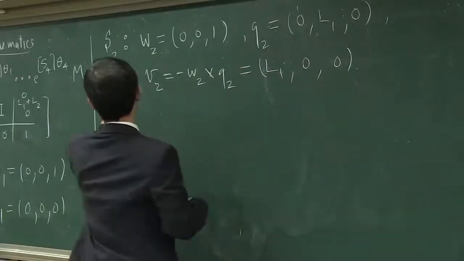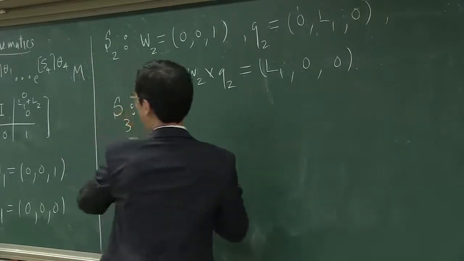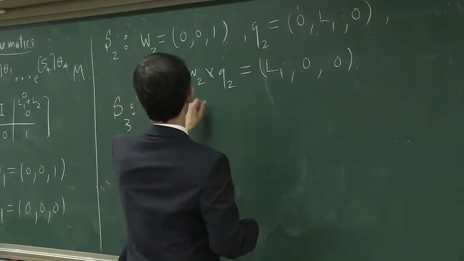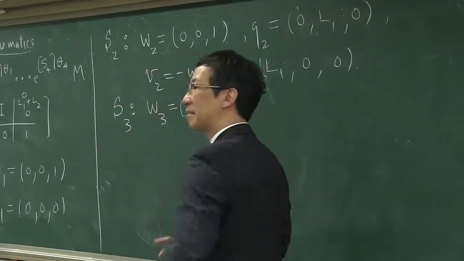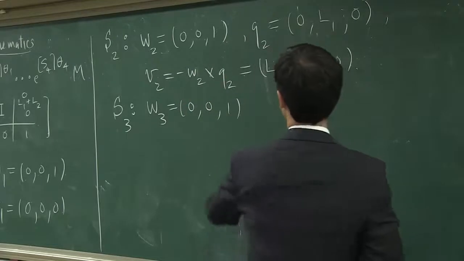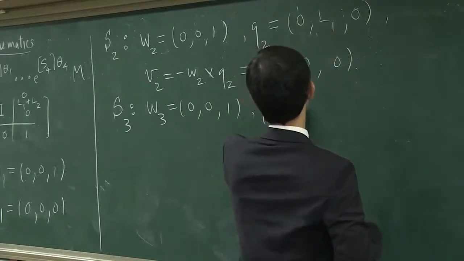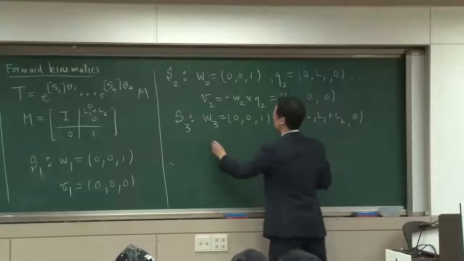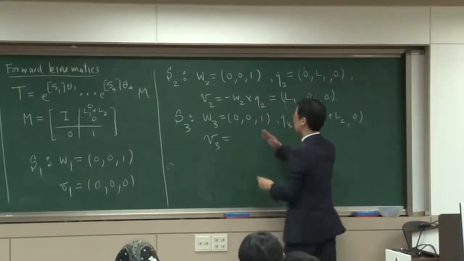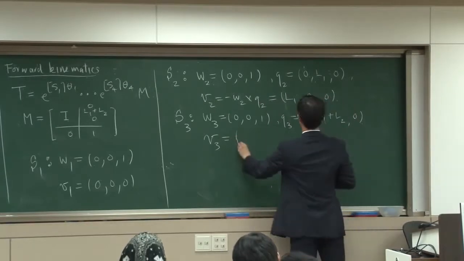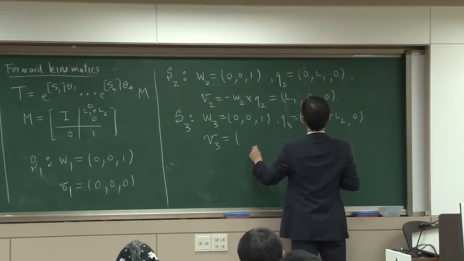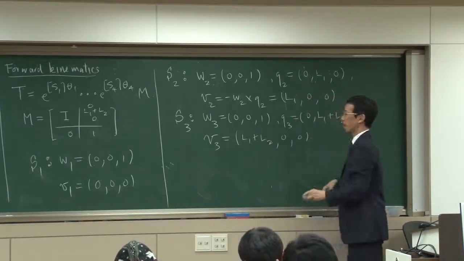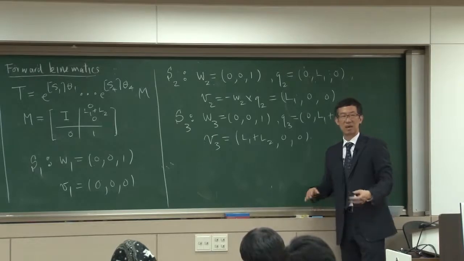Okay, S3. Let's do this. S3, you're getting the hang of it. Omega 3. All the omegas are the same. They point in the z-axis. Q3, let's just take 0, L1 plus L2, 0. So V3 is minus omega 3 cross Q3, which is L1 plus L2, 0, 0. Finally, S4.